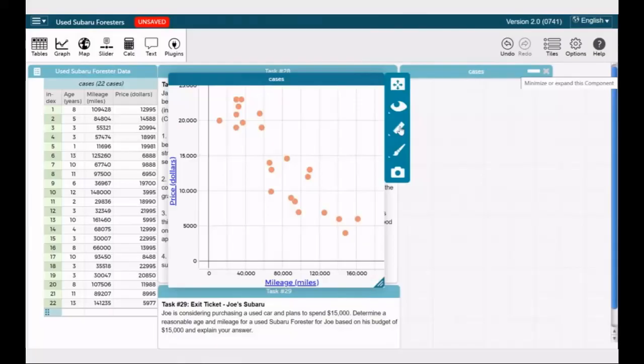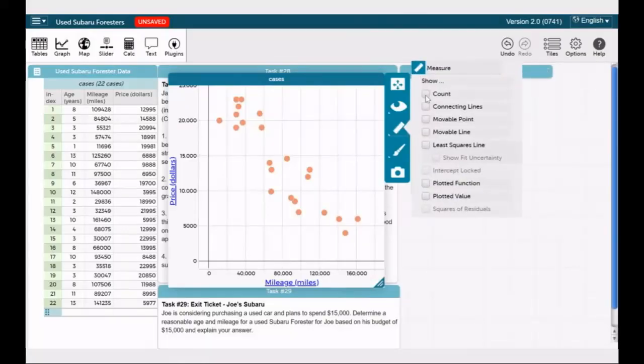So let's go over now and let's click on the ruler. Let's do a count. Did they say 20 or 22? Oh, did they say 22? Okay. Let's just check some of these out. Let's see what connecting lines does. Sometimes you just have to be on here and play with things. Is that very helpful to us? No, that looks like a 3-year-old got to it or something. So let's take that off.